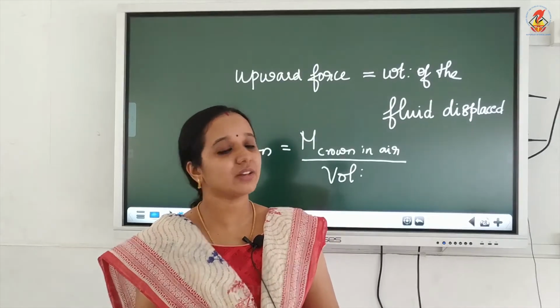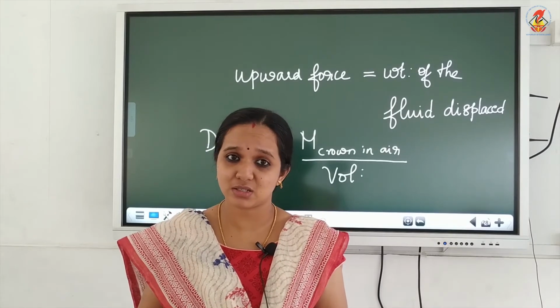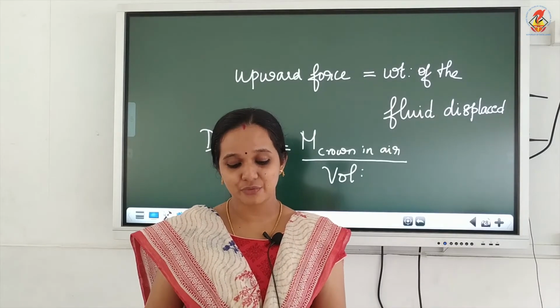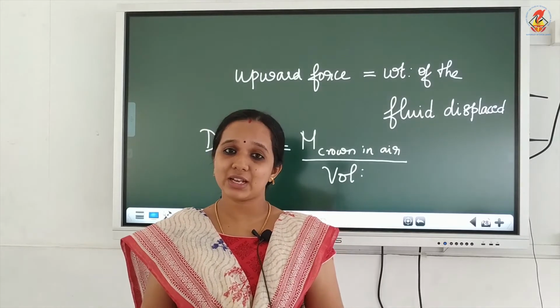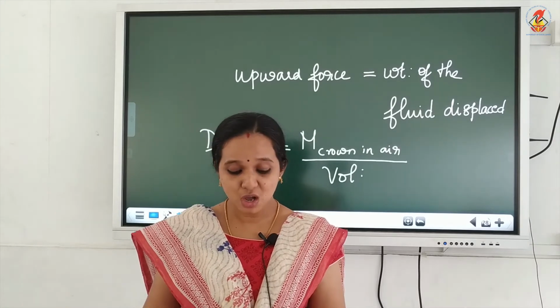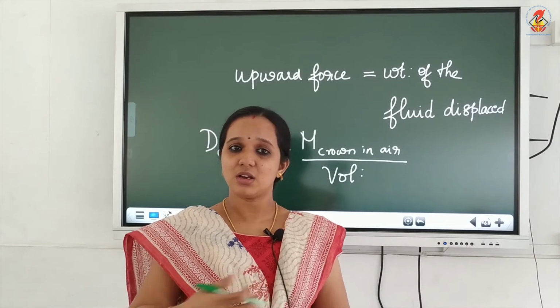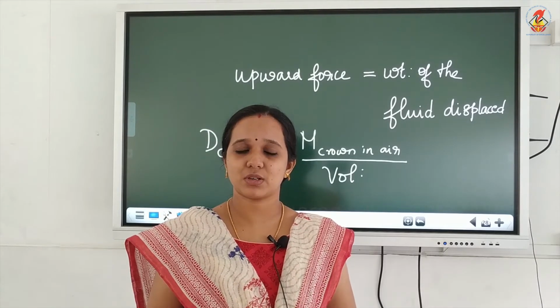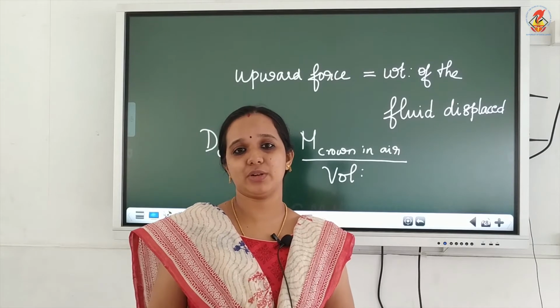Thus, he calculated the volume of the crown and hence the density of the crown. And if the density of the crown is equal to the density of gold, then he can conclude that the crown is made up of pure gold. That is how he came to the conclusion of Archimedes principle.